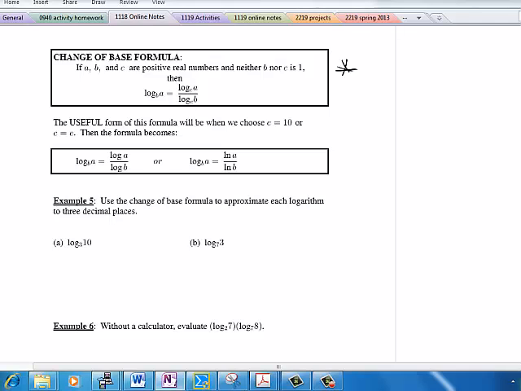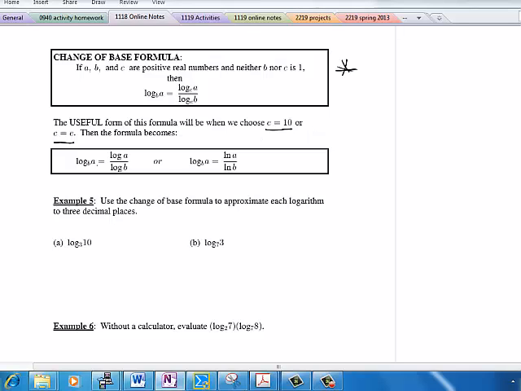And so what we do is notice that the input for the numerator logarithm is the same as the input for the original logarithm. The input for the denominator logarithm is the base of the original logarithm. And then the new base is whatever you want it to be, but it has to be the same in the numerator and the denominator. So the way this is useful is if we choose the base we're switching to be 10 or e, because that has a button on our calculator.